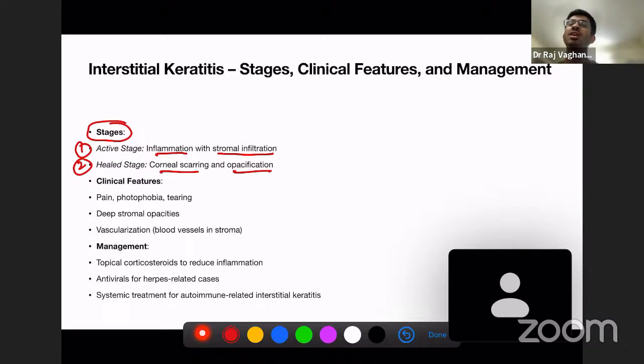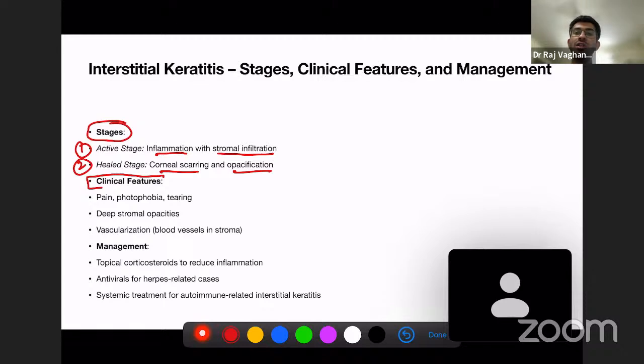Stromal infiltration means that bacteria or inflammatory substances infiltrate the stroma layer of the cornea, and that is the active stage. In the healed stage, corneal scarring is present with opacification. Now, what are the clinical features?